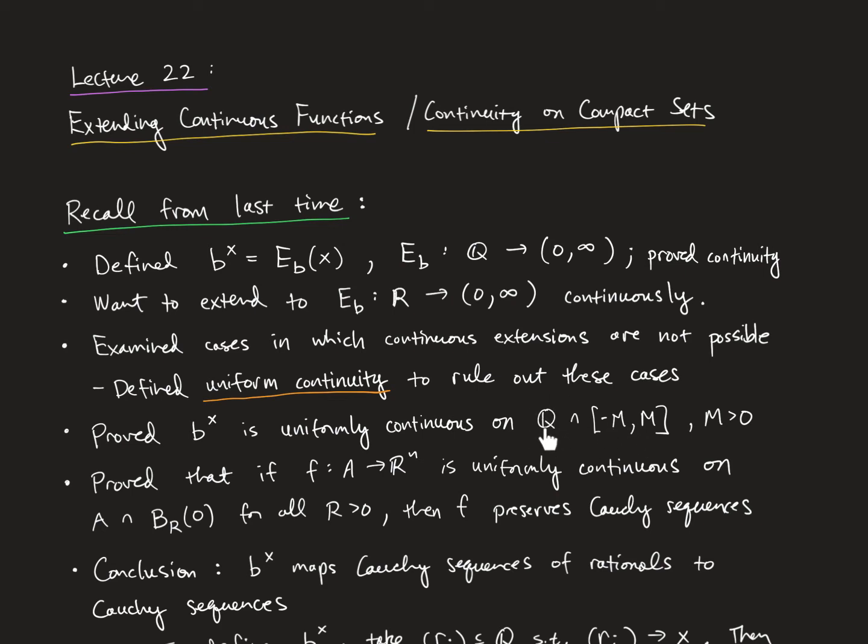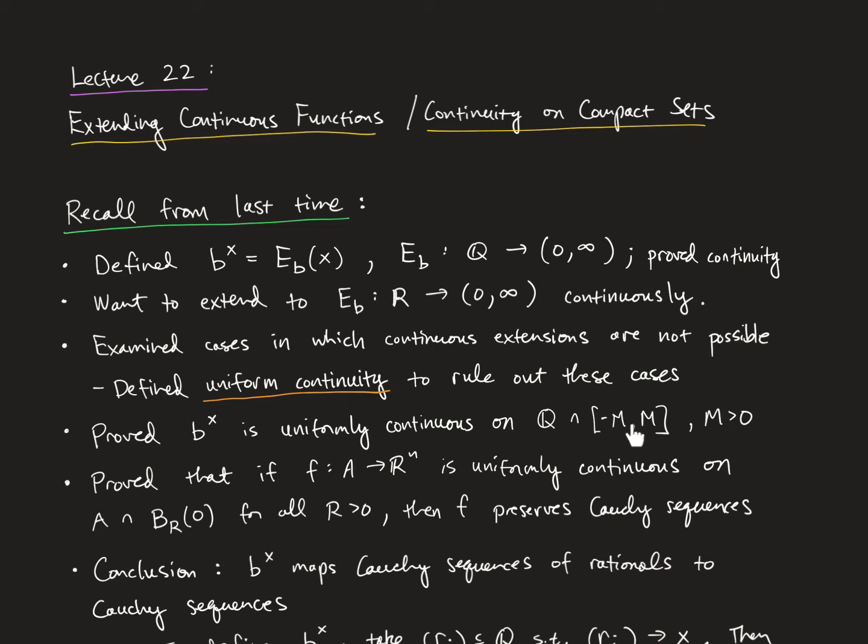So if we restrict our rationals to lie in some particular finite range, then the exponential function is uniformly continuous. This is the key thing that's going to allow us to extend our b to the x function from the rationals to the rest of the real numbers.